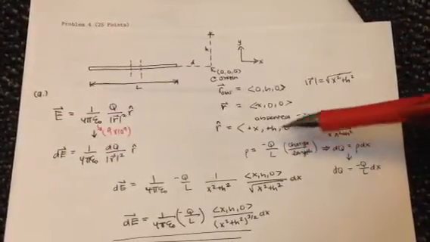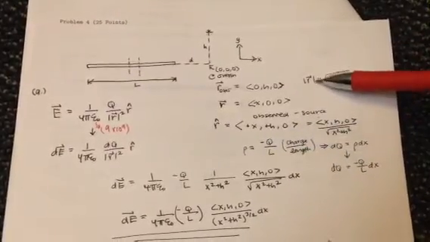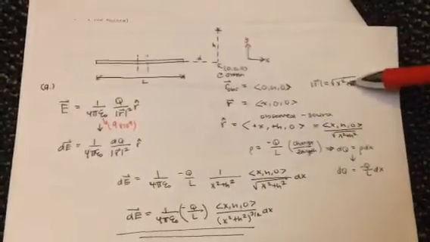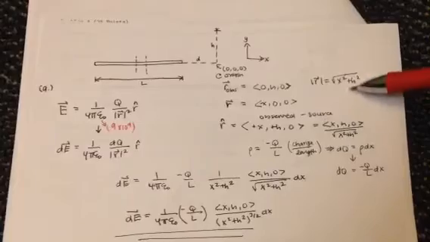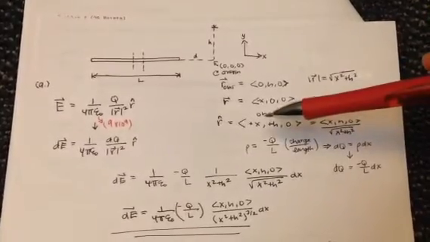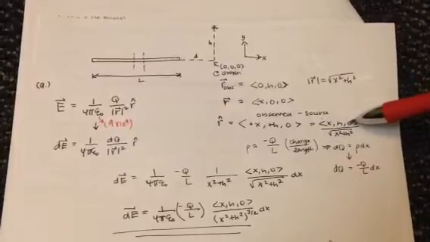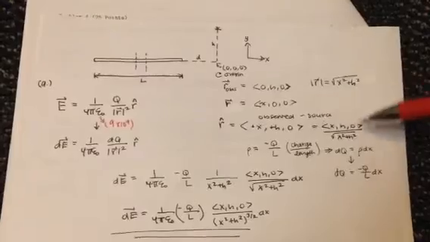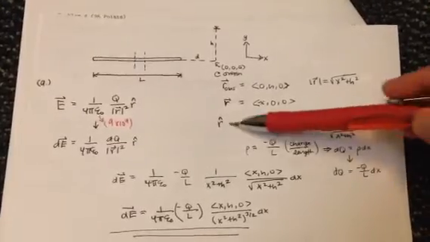And then to find the magnitude of r, you take the square root of each part to get x squared plus h squared. And then you divide the coordinates you originally got by the magnitude. And that's your overall r hat right here.